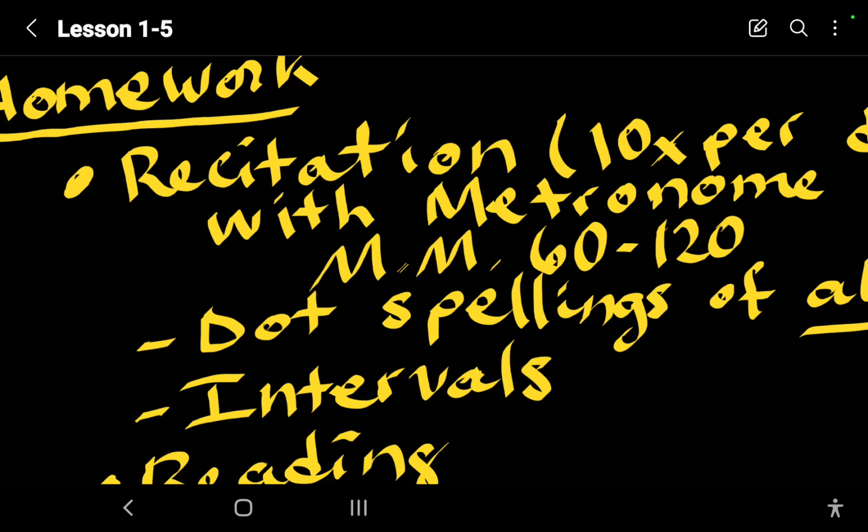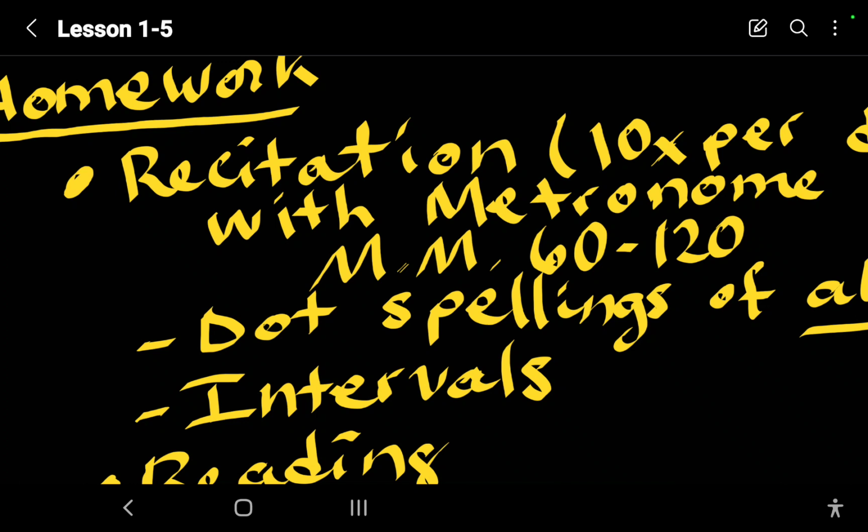Fa has four numbers, and that's 1, 2, 4, 5. That would sound something like this, with every beat, every click. Fa, 1, 2, 4, 5.